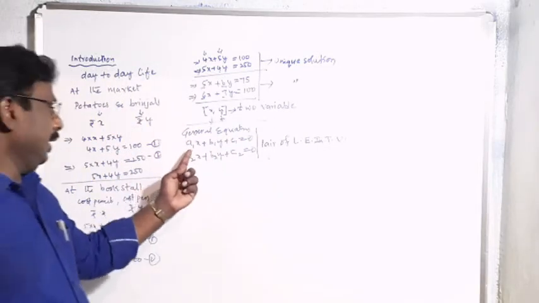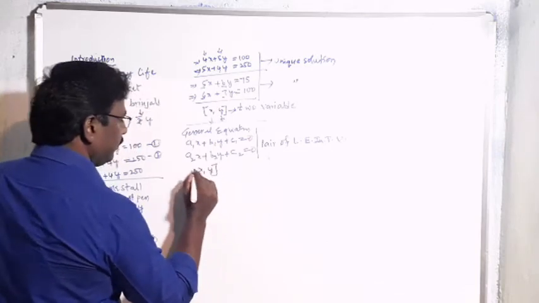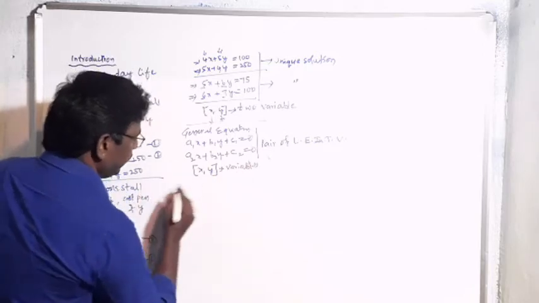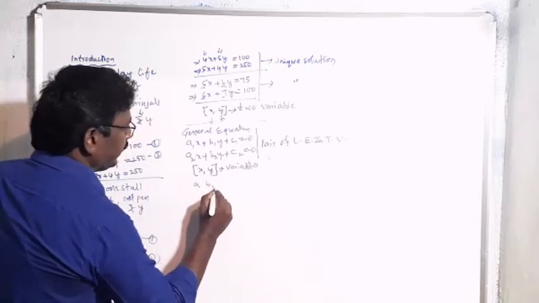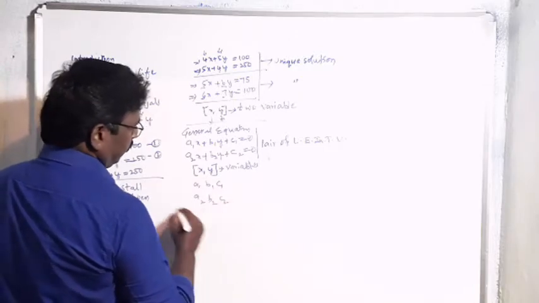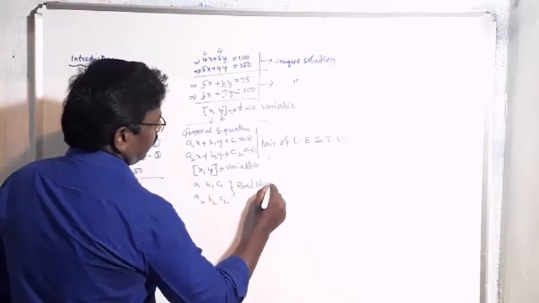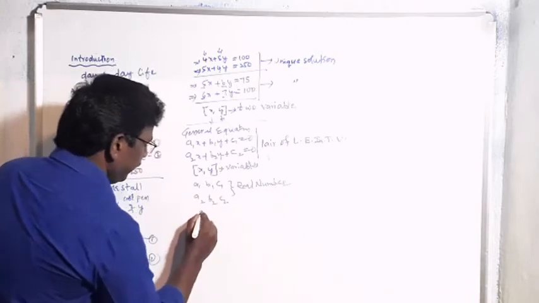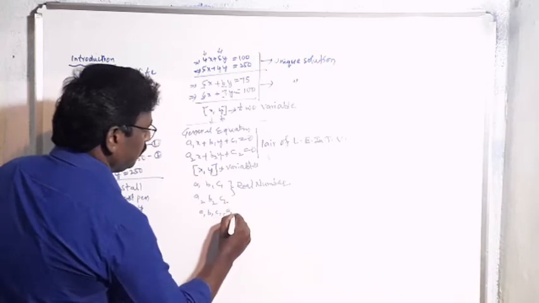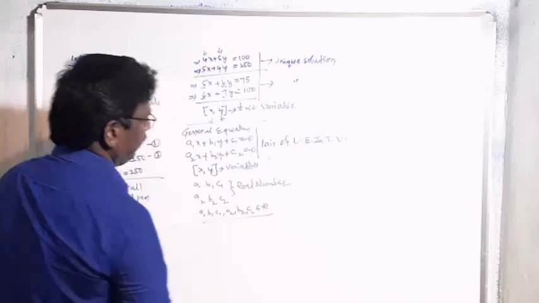A pair of linear equations in variables x, y. A1, B1, C1, A2, B2, C2 are real numbers. Real numbers means A1, B1, C1, A2, B2, C2 belong to real numbers.